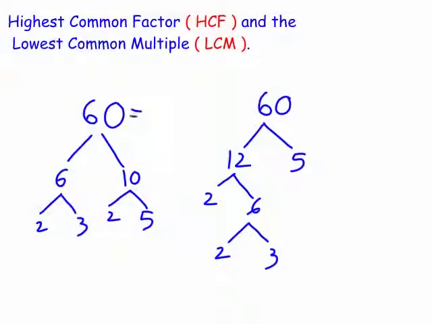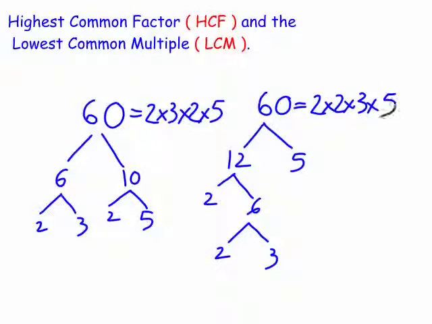So let's have a look. So 60 is equal to what? 2 times 3 times 2 times 5, and hopefully, obviously, it's the same here. 2 times 2 times 3 times 5. Now, we normally also start to use our index laws, so 2 times 2 is 4, but we normally write that as a power of the prime.